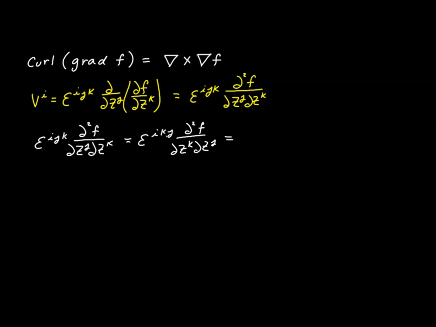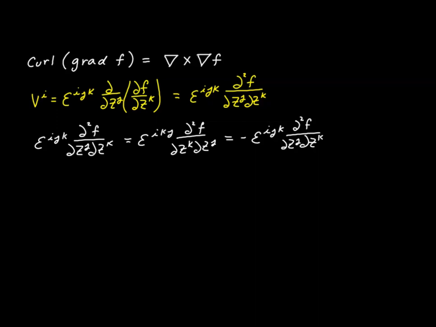When I do that on the first term, I've got to change the sign because of the skew symmetry of our Levi-Civita symbol. But when I flip the order of the differentiation, the value of this expression doesn't change. The sign doesn't change, so it remains positive, and it's back into the form of first with respect to z^k, then with respect to z^j.